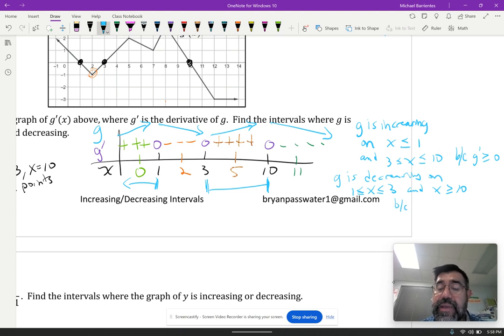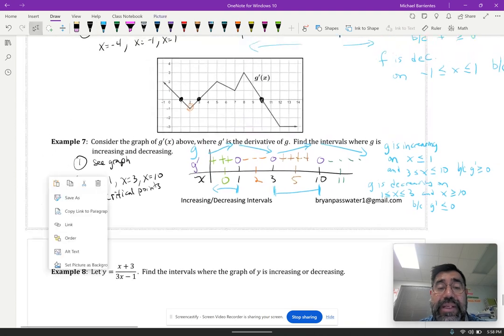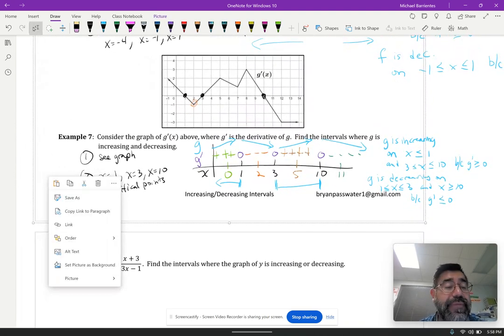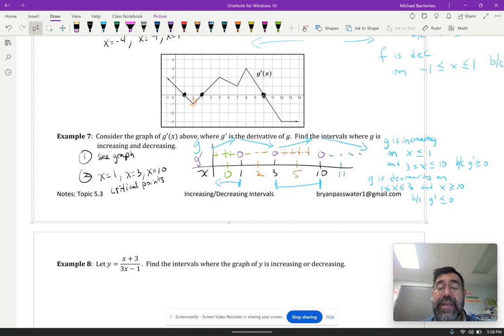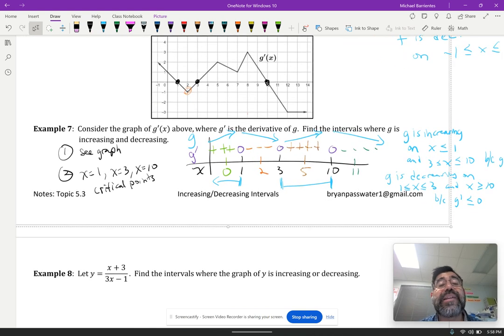And I know that because that's where the derivative is less than or equal to 0. I can predict what the graph of the original function is doing, even though I don't have the equation of the original graph, nor the graph of the original graph, but all I have is the derivative graph. I can figure this out. And you can too. And that's what we're going to be practicing on the next time that I see you.